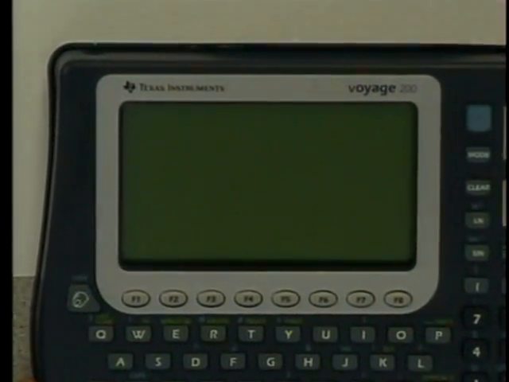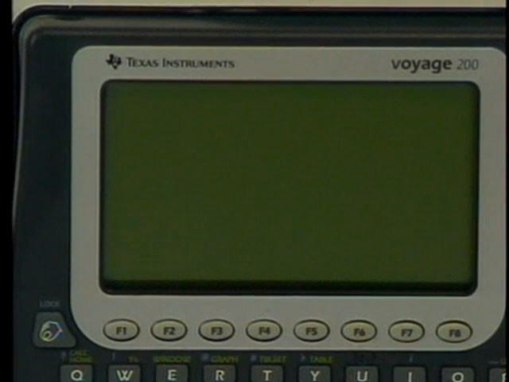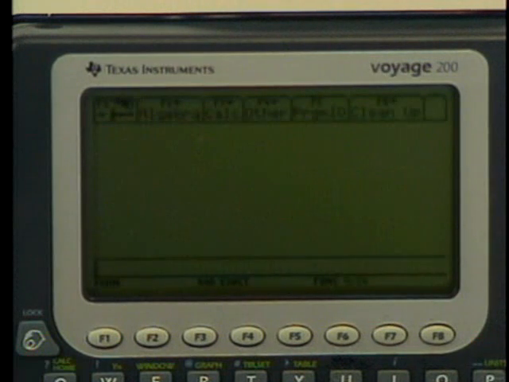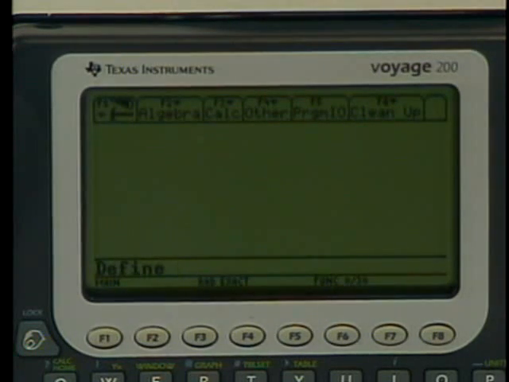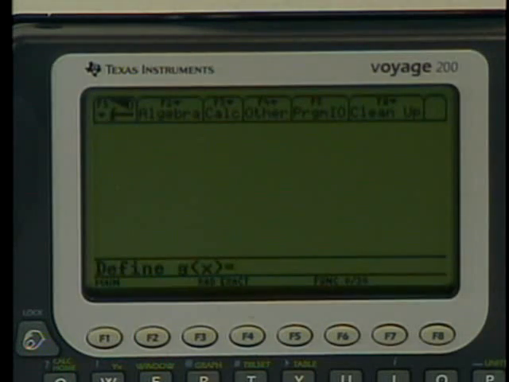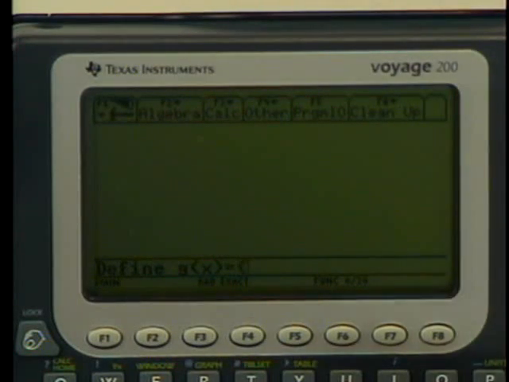Now, we don't know for sure whether your calculator recognizes secant, and you're sure it does, okay? We go to F4, we grab define, and we call the function g of x, and it's equal to. Now, your calculator only recognizes the square if it's around the whole thing, so you go parenthesis, and then if you trust it, secant of x, otherwise write it in terms of cosine, and then squared.